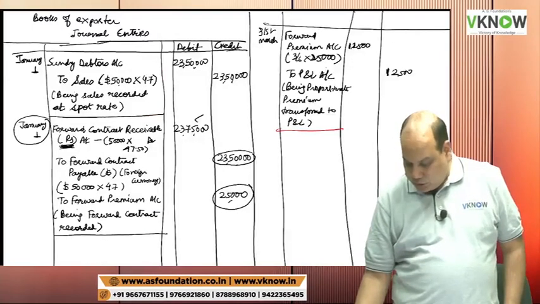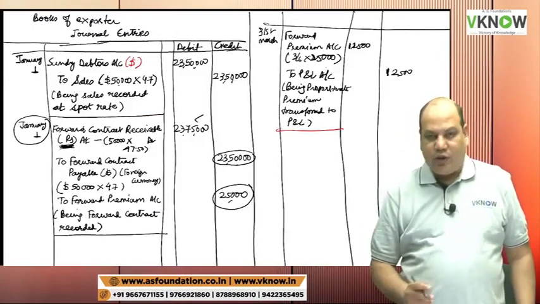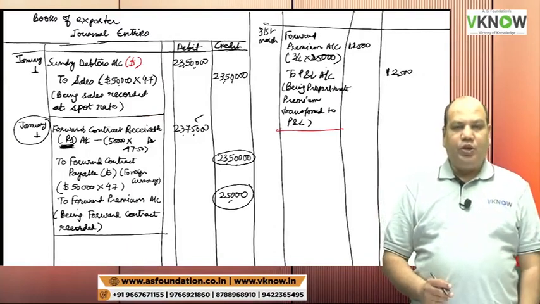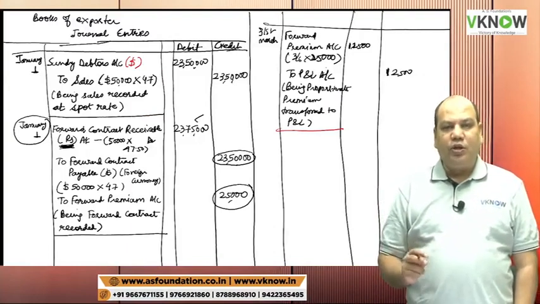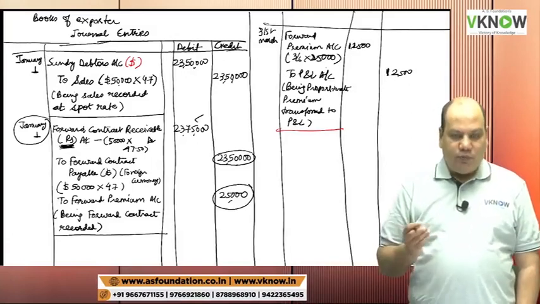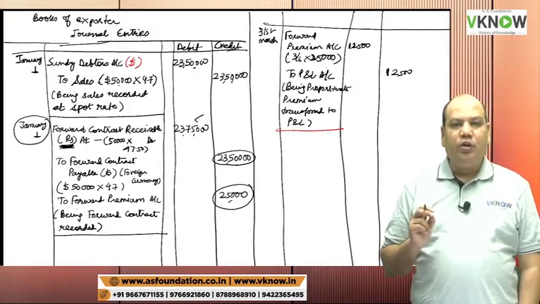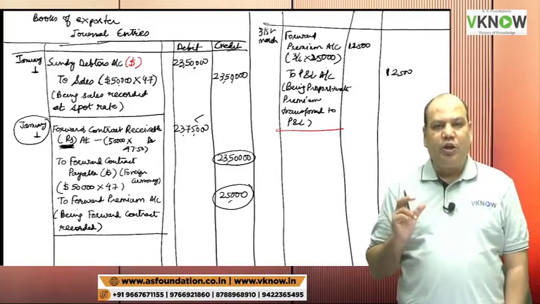So your debtor is a foreign currency debtor. Your debtor is a foreign currency receivable. You have to receive $50,000 from the debtor. So it is a foreign currency monetary item.